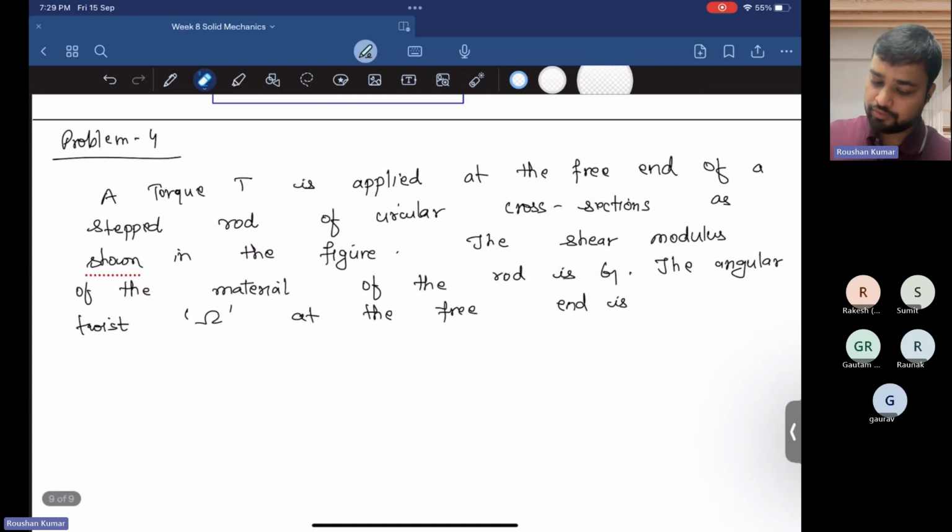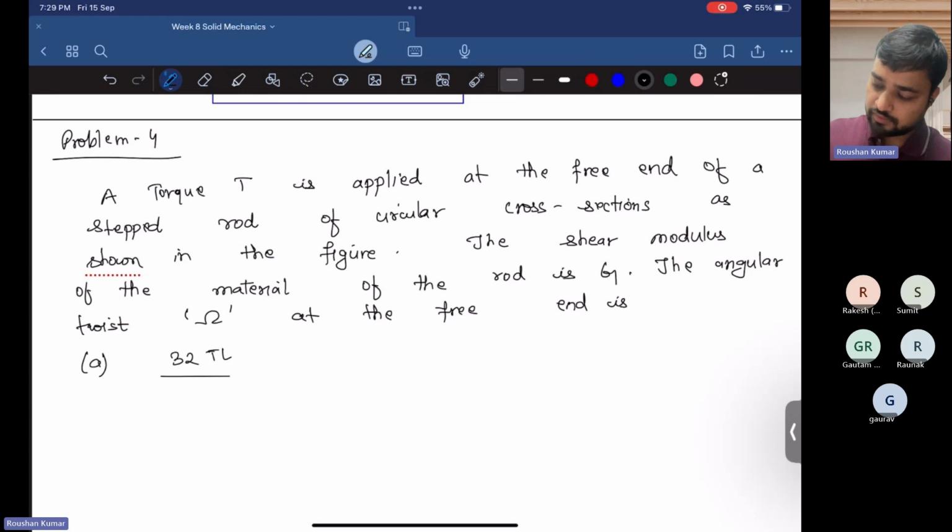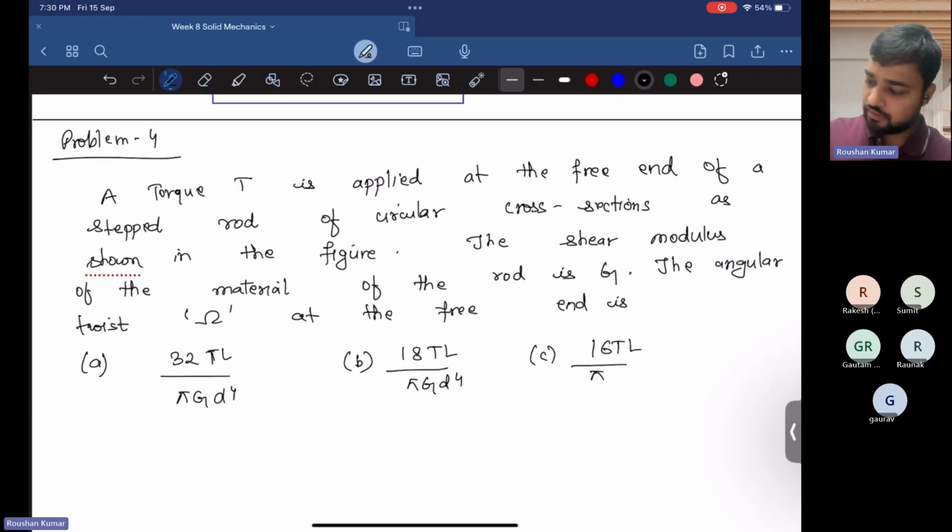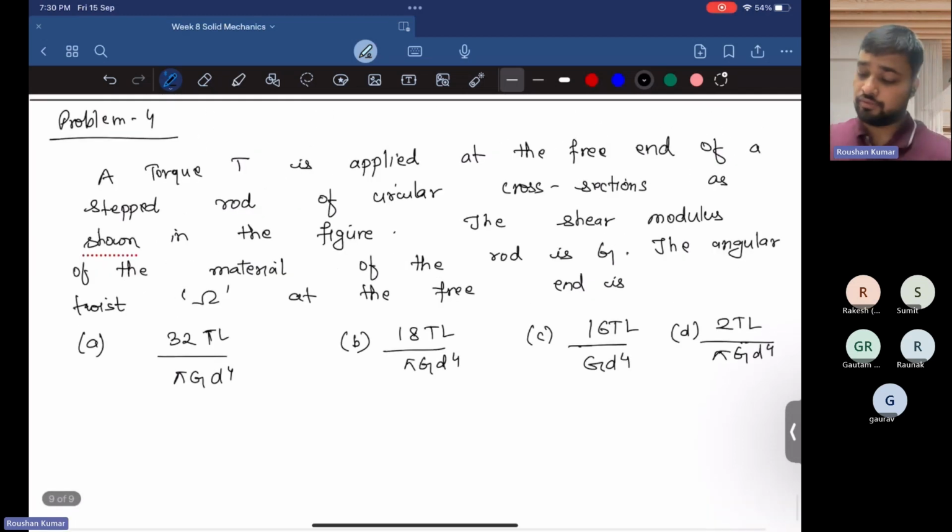The first option is 32 TL upon pi G d to the power 4, the second is 18 TL upon pi G d to the power 4, the third is 16 TL upon G d to the power 4, and the fourth option is 2 TL upon pi G d to the power 4.